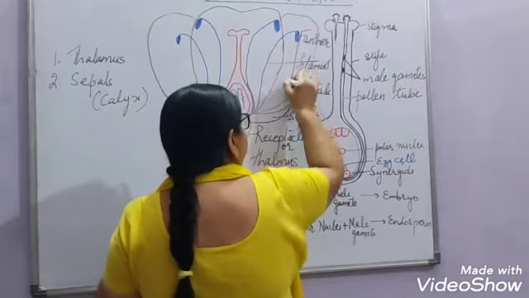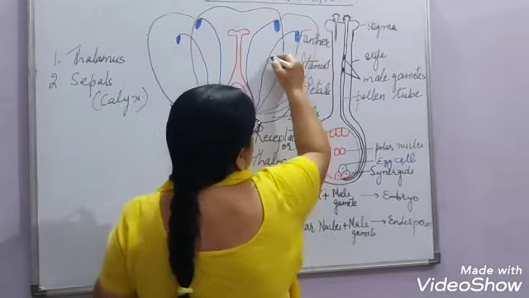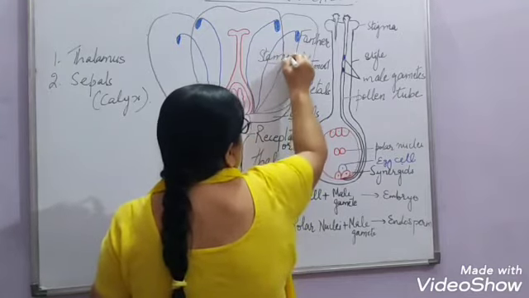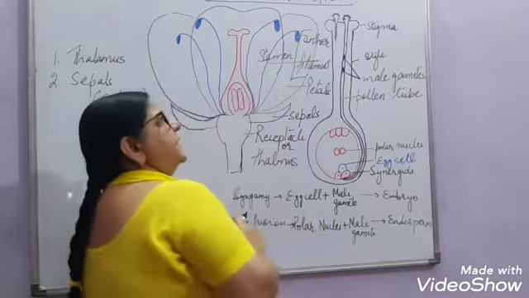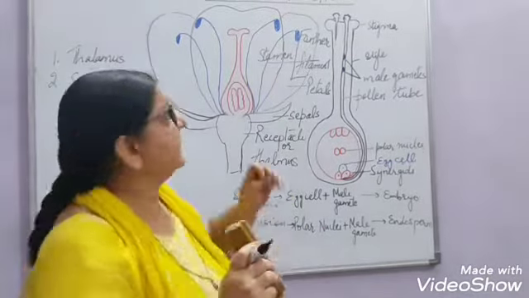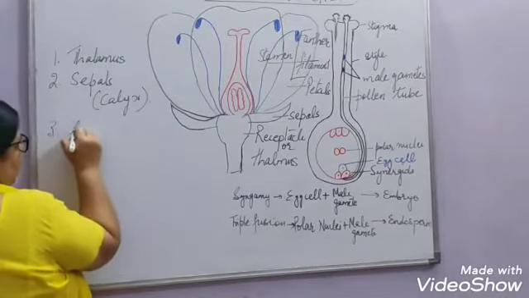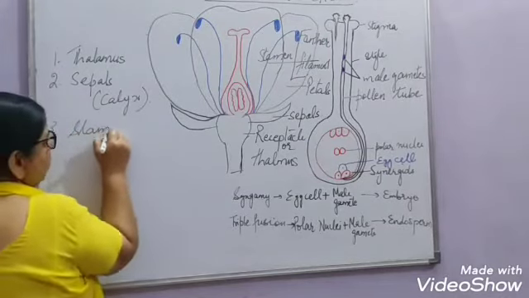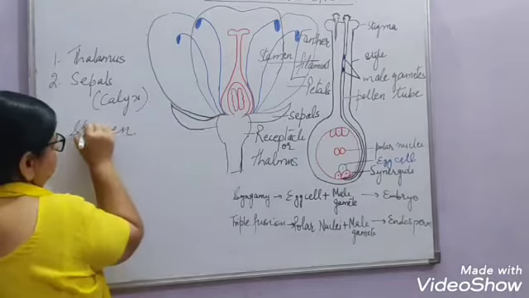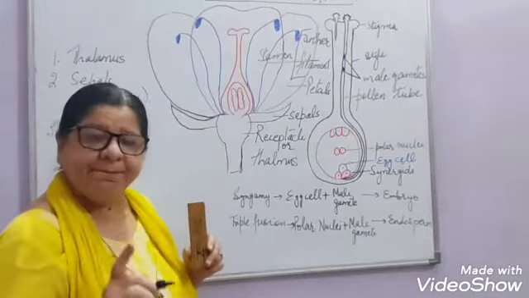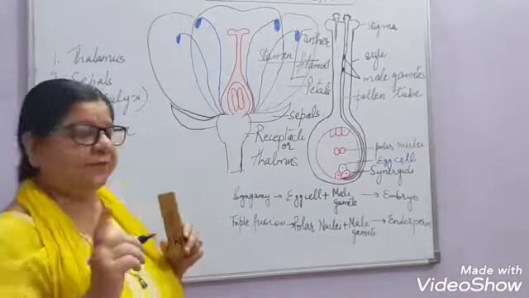And they together form the stamen. Stamen is the male part, right? This is the male reproductive part of the flower.